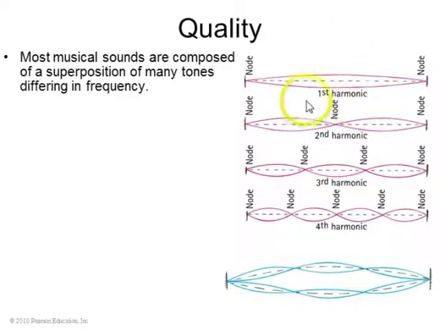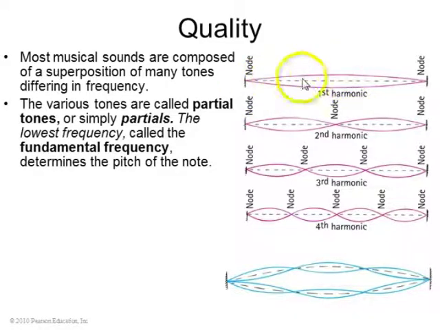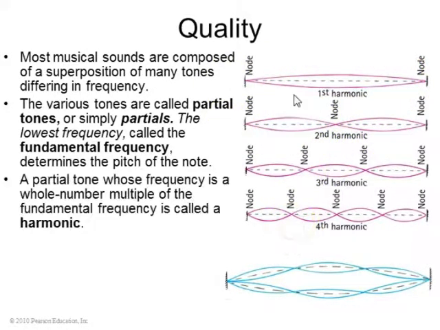So one way of describing the timbre is to note that a particular tone is often composed of a fundamental frequency and then higher frequencies that are multiples of that fundamental frequency. So this is related back to standing waves, where you can have first harmonic, second harmonic, third harmonic, all integer multiples of frequency.